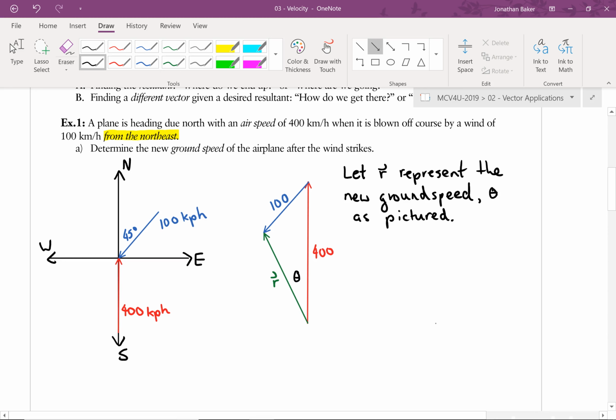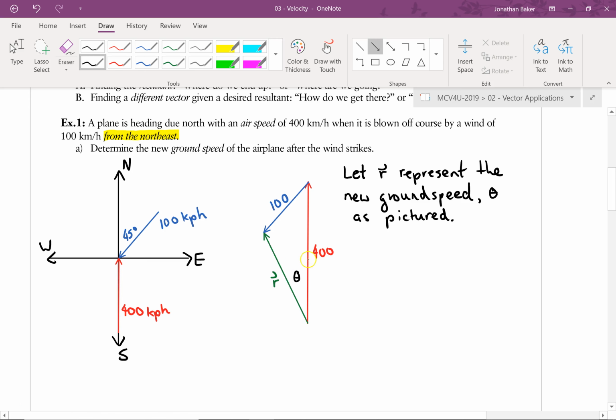Okay, so if we need to figure out this ground speed, that's vector R, then we need to know, first of all, how long is it, how fast are we going, and in what direction. Since this first airspeed is due north, we could figure out theta, because this would help us state this as a compass bearing, a quadrant bearing.